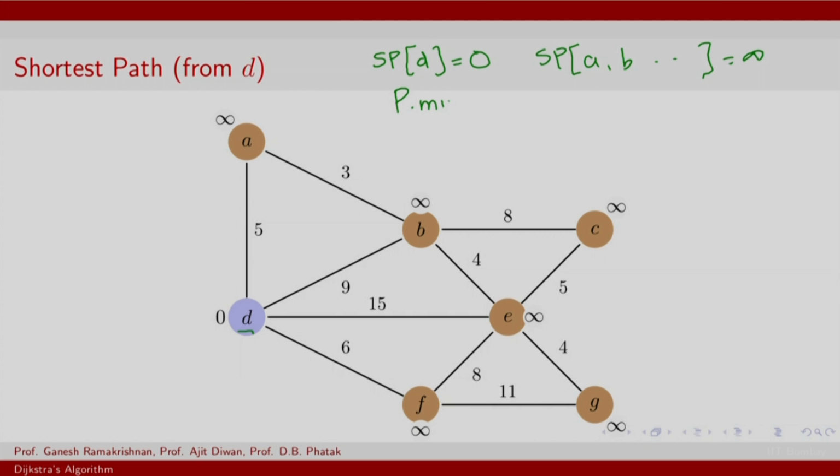So P dot min is just going to look at D, so P dot min will actually turn out to be D itself.